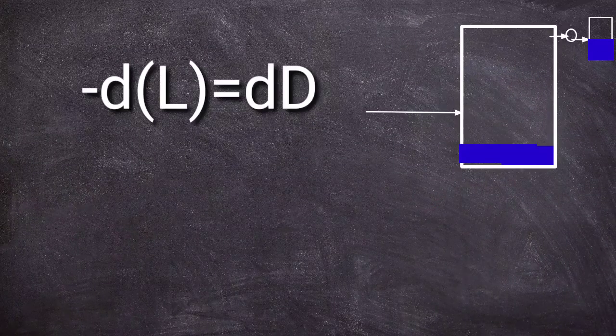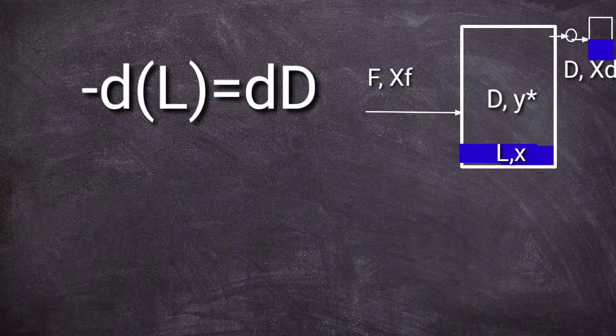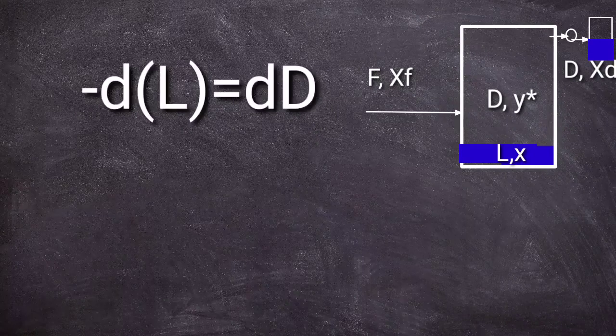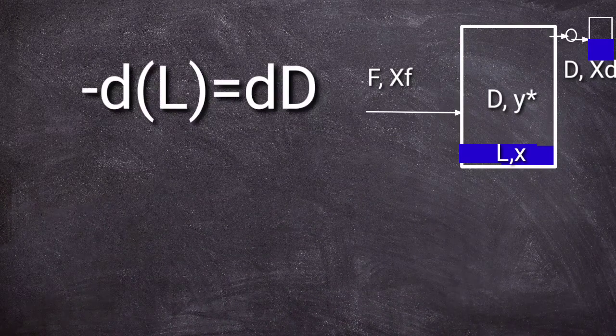The first equation we make is minus dL equals dD. Here L is the amount of feed as liquid in the still pot, and capital D is the amount of vapor produced.